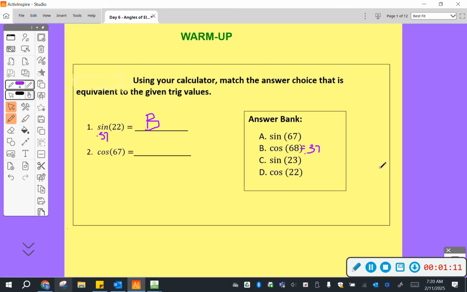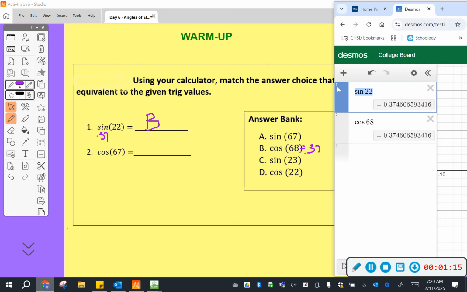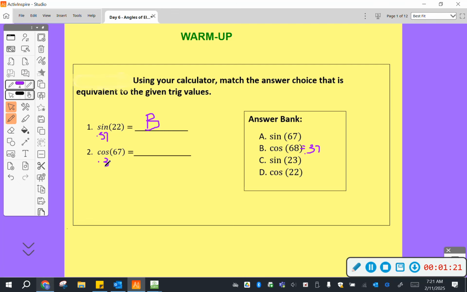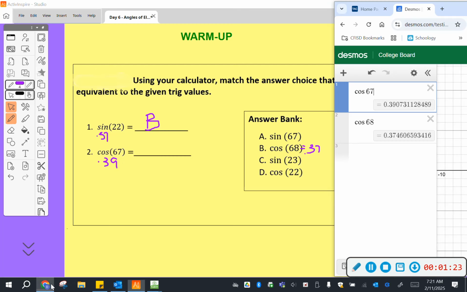Does that make sense? And then you do the same thing for the second one. What is the cosine of 67? It's 0.39. And which one of these also is 0.39? So is it the sine of 67? The sine of 23? Yes.